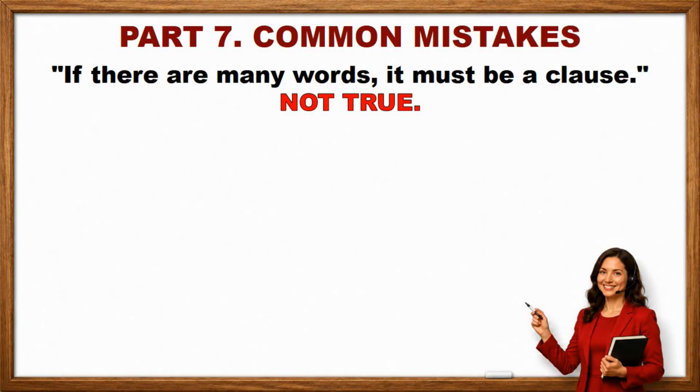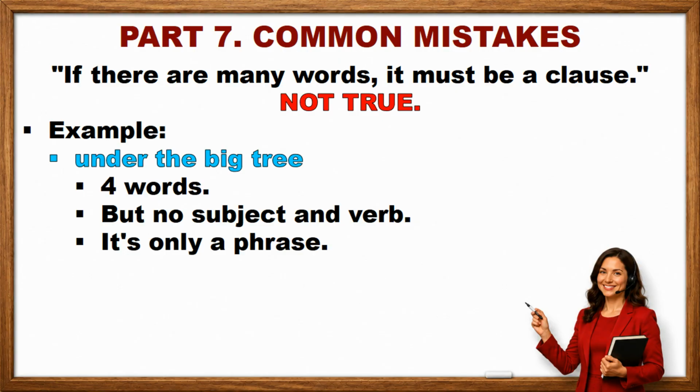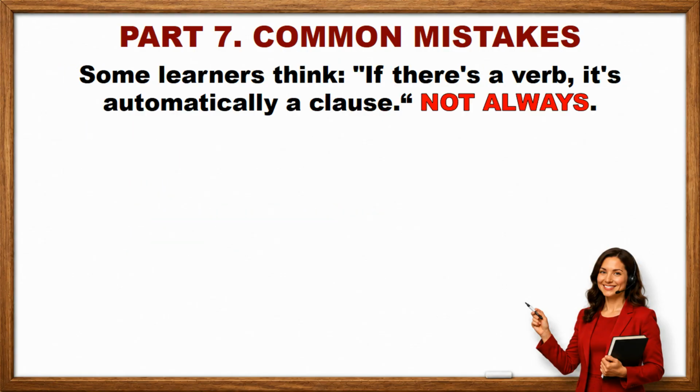Part 7. Common mistakes. Many learners think, if there are many words, it must be a clause. Not true. Example: under the big tree. 4 words, but no subject and verb. It's only a phrase. Another mistake.